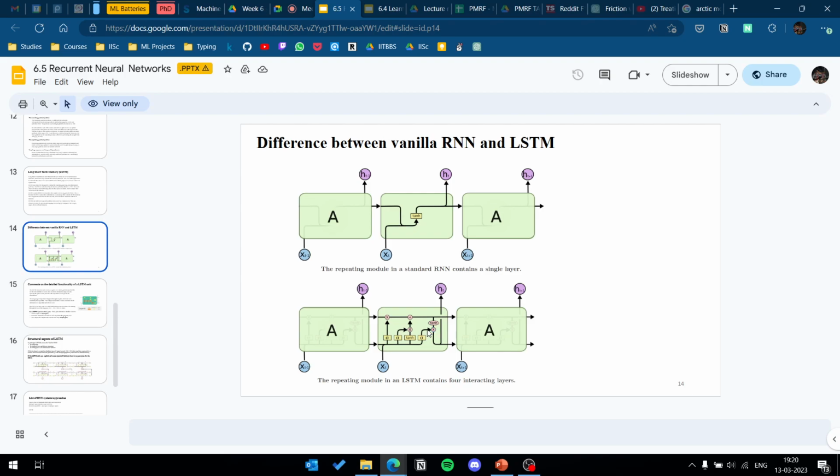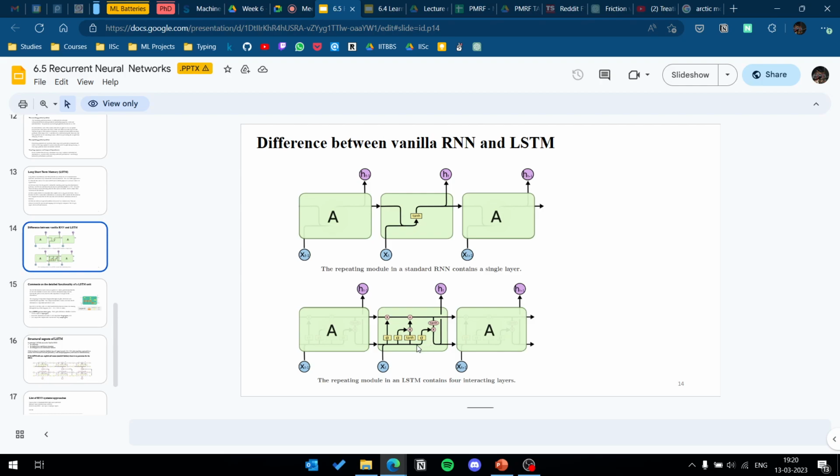So this is almost the final classification of an RNN. And nowadays, a more advanced version of LSTM is called transformer, which is used in all language models, right? Google uses it in Google Translate.